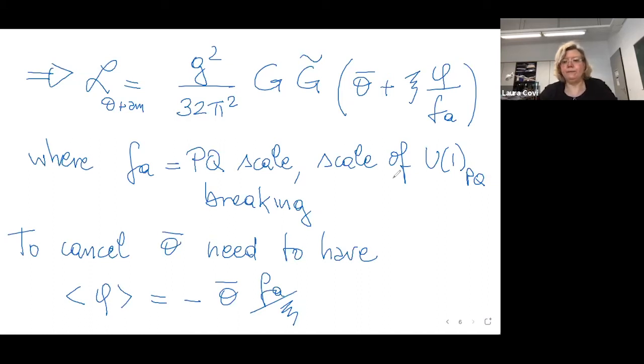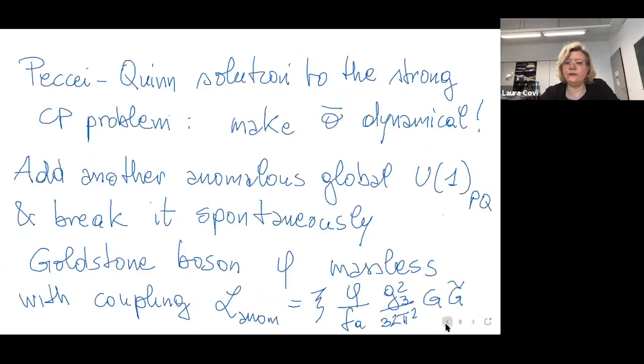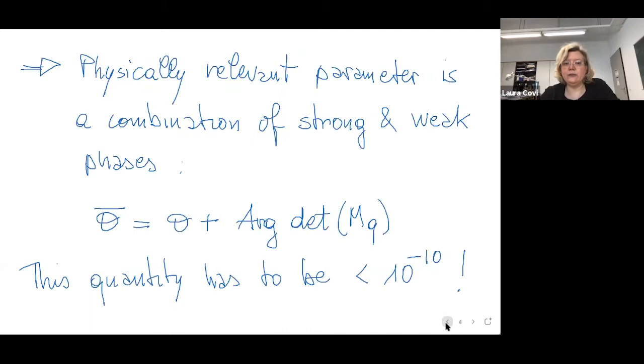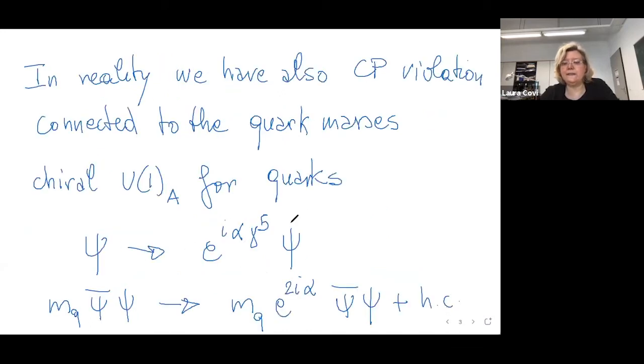But of course, you could ask me, how can you do that, that this vacuum expectation value is exactly equal to this? Actually, you do not need to do much, because you have also the breaking of the U1 axial from the QCD sector. As I told you before, you have this chiral symmetry for the quarks, which is a good symmetry as long as the quarks are massless.